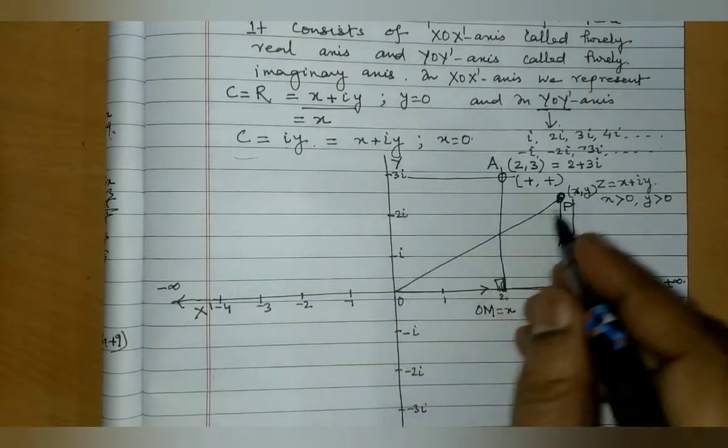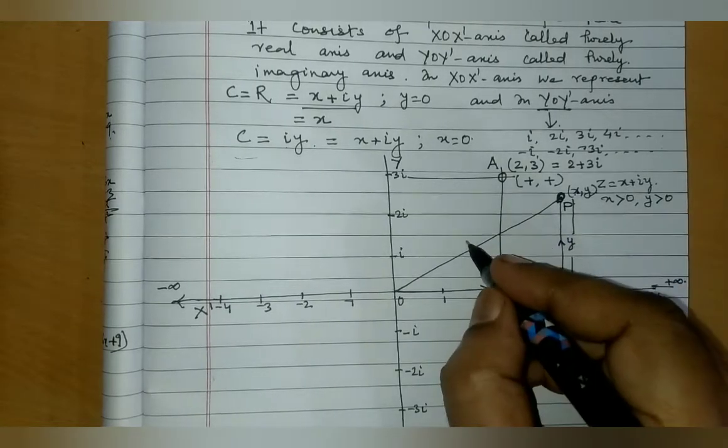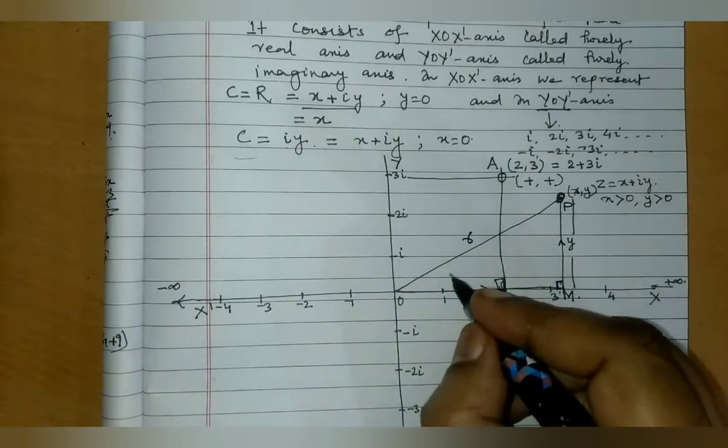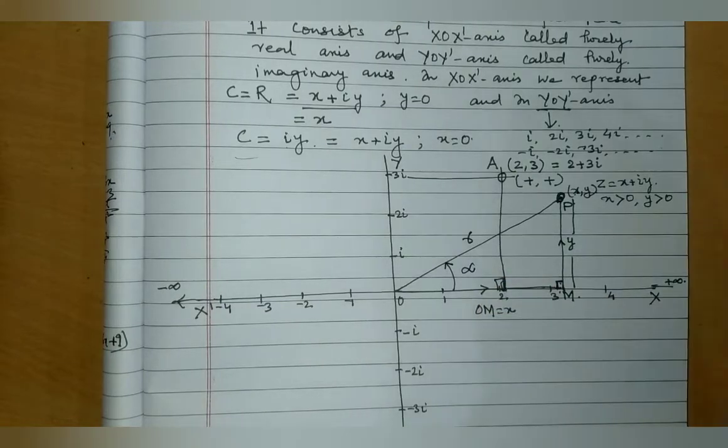So now here we are getting which type of triangle? Right angle triangle. So suppose if we know this distance is r and this angle is taken as suppose alpha.